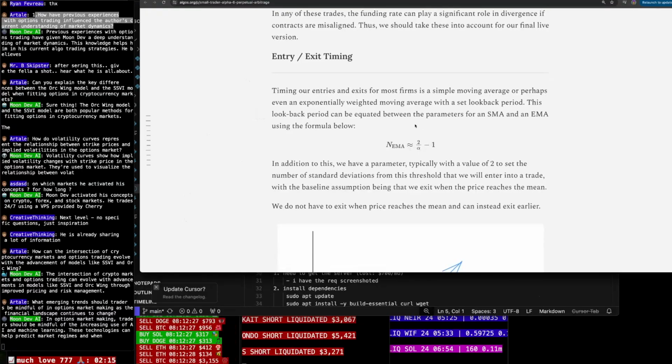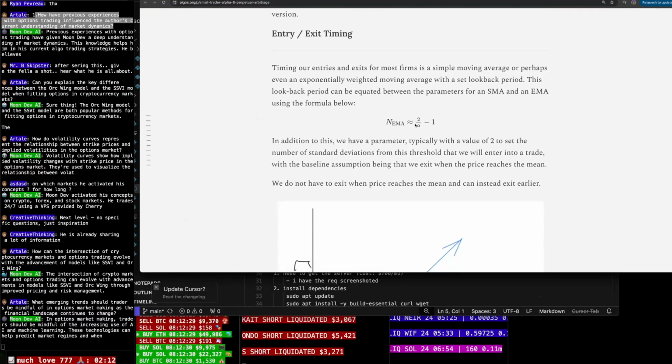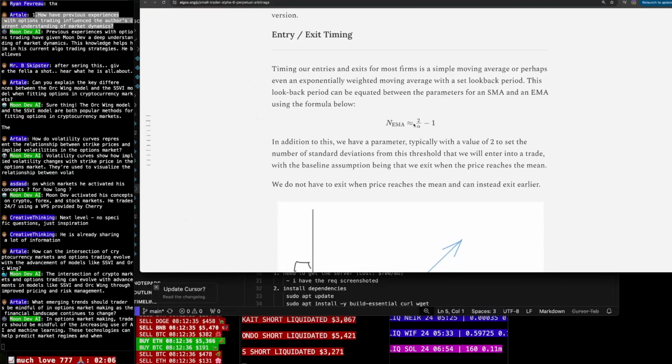Entry exit timing. Timing our entries and exits for most firms is a simple moving average or perhaps even an exponential moving average with a set look back period. This look back period can be equated between the parameters for an SMA and EMA formula below.